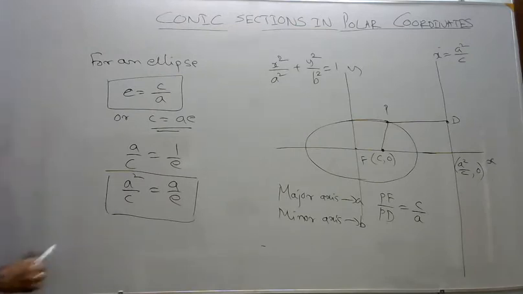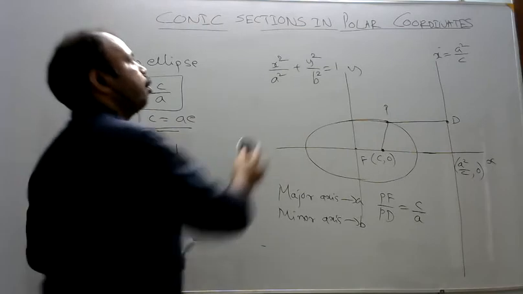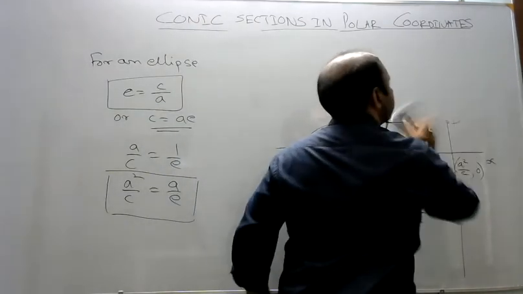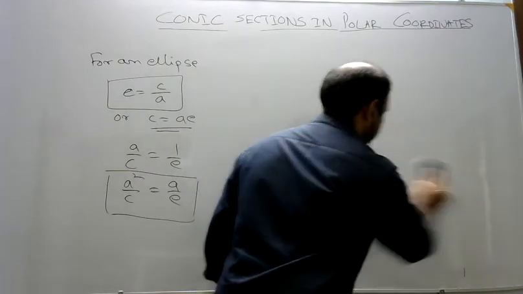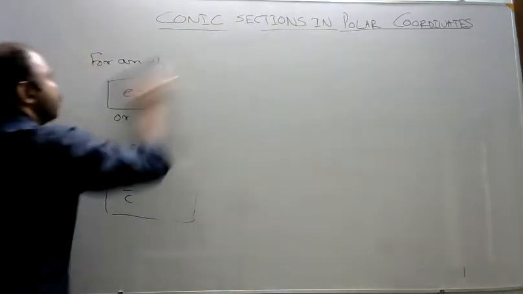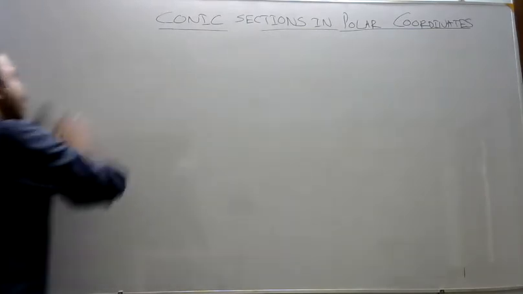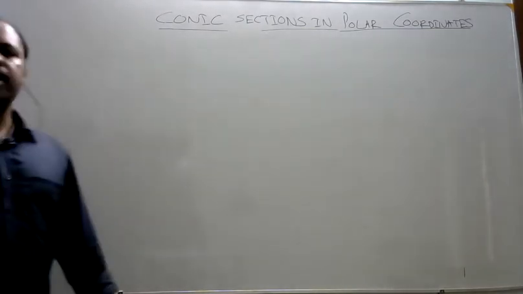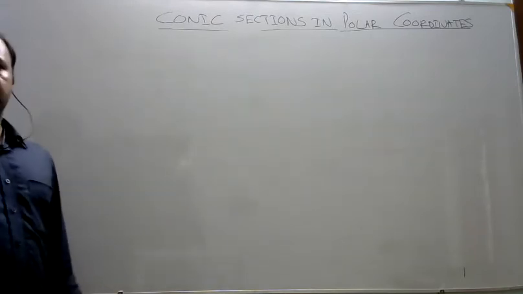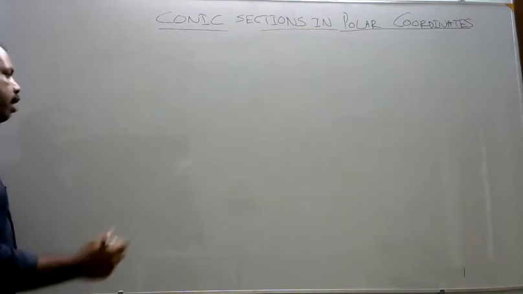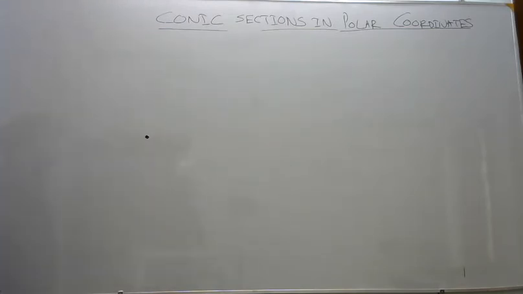Now we extend the definition to polar coordinates. In polar coordinates, we assume that the focus of the conic is at the pole. We fix a point in the polar coordinates, called the pole.